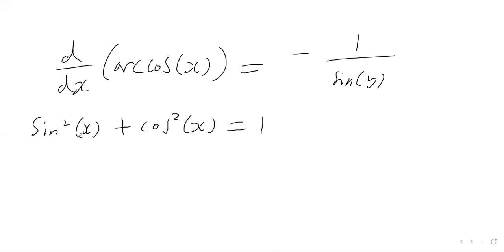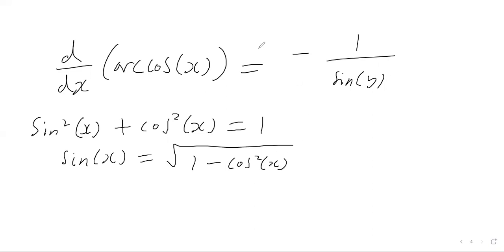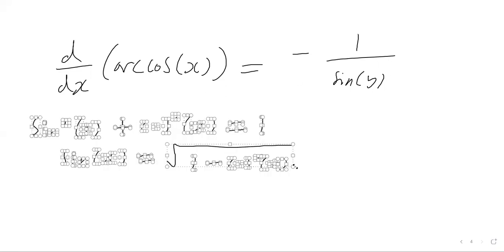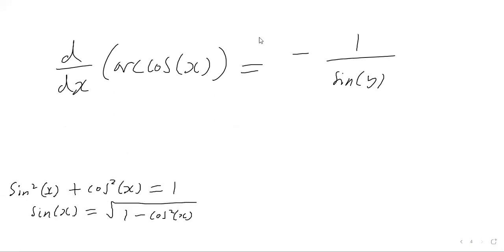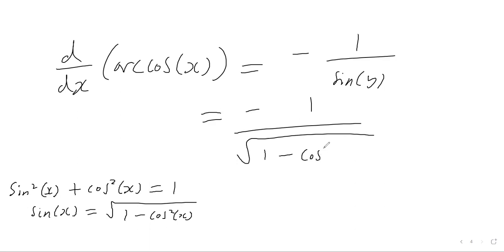Making sine the subject, we get sine equals the square root of 1 minus cos squared. This time using y's, we've got -1 over the square root of 1 minus cos squared of y.